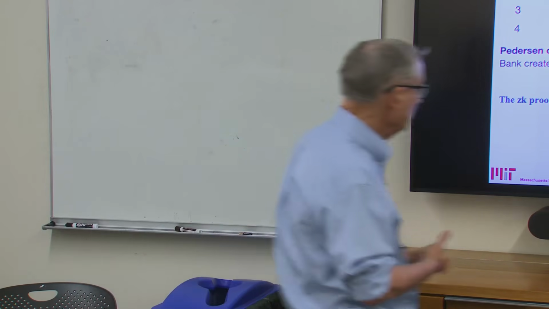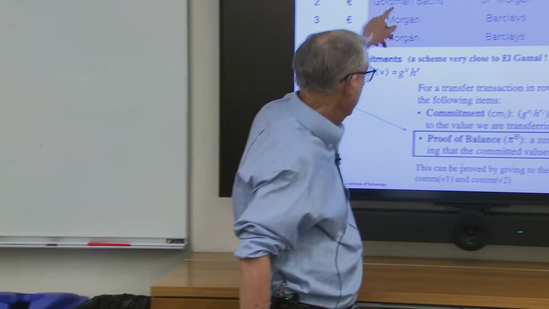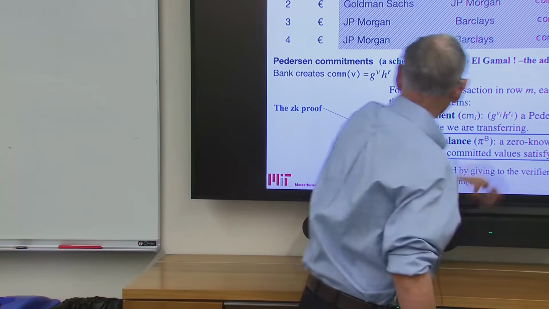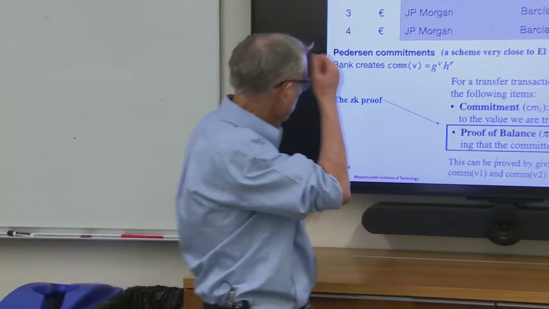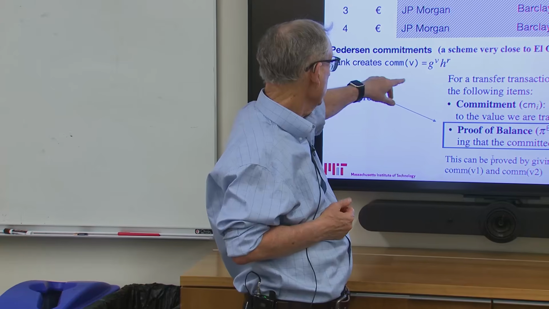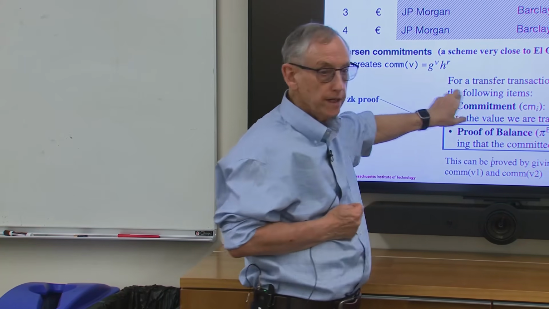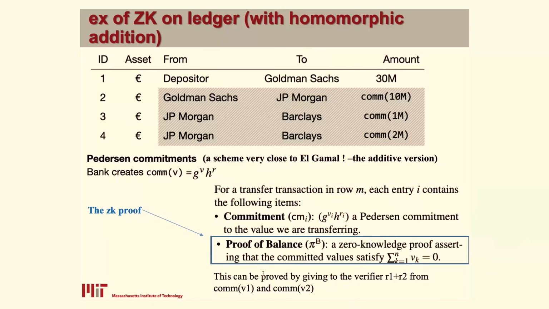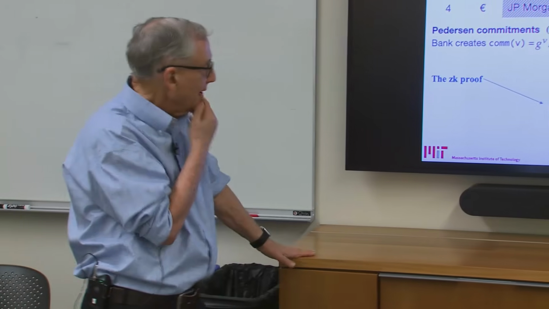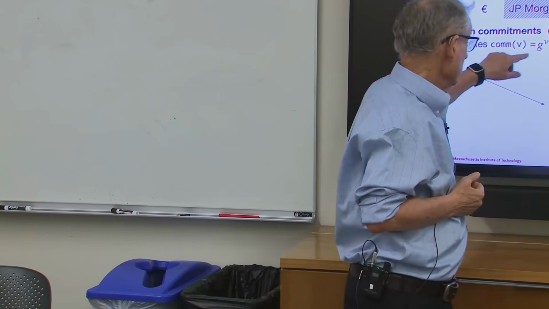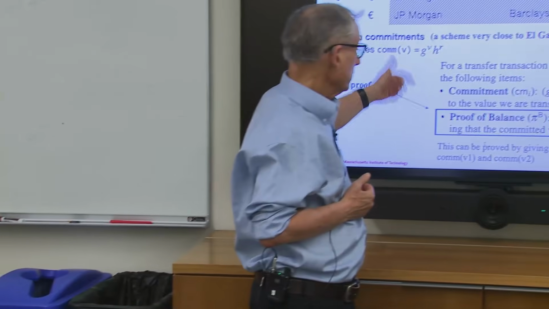So how do you do this? V is the value of each one of these transactions. Each one of those transactions is going to get obscured with 2 generators, G and H. One, G, takes the value V as the power. The other one, H, takes R as an arbitrarily chosen random number from El Gamal type considerations. This product of powers is called a commitment.